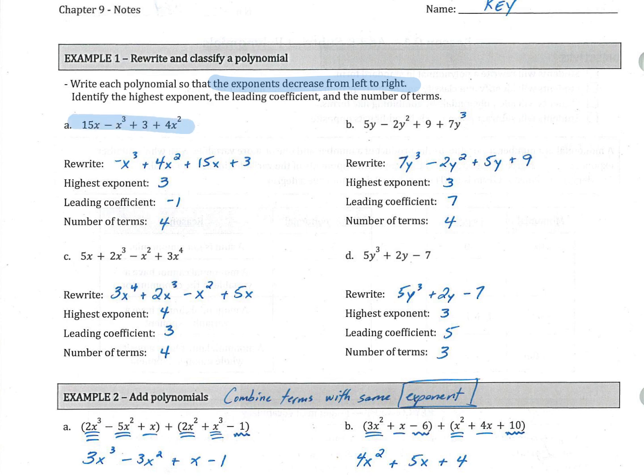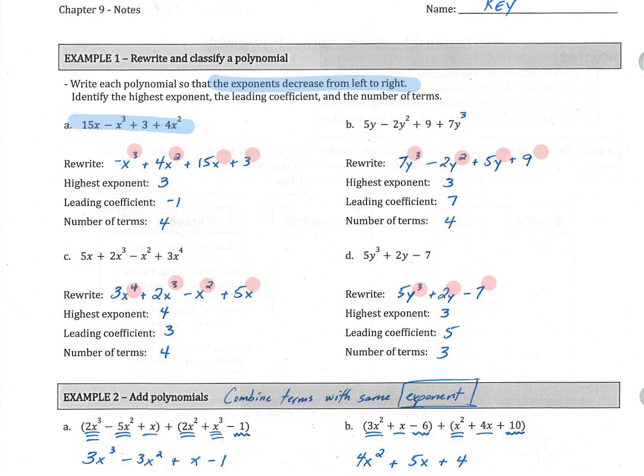So in this first example, letter A, we rearrange the terms so the exponents go 3, 2, 1, and then just a regular term without the letter. Example B, 3, 2, 1, and then a constant. Example C, 4, 3, 2, 1. Example D, 3, 1, and then a constant.